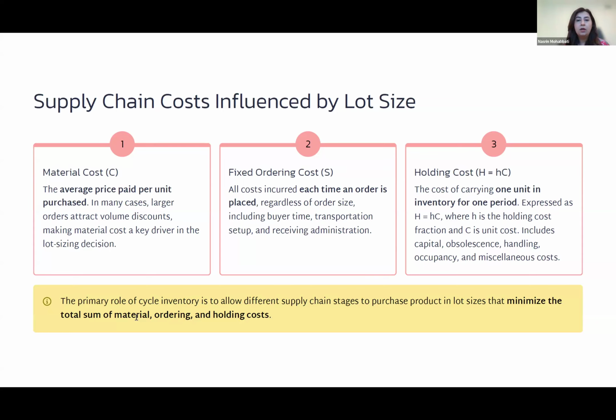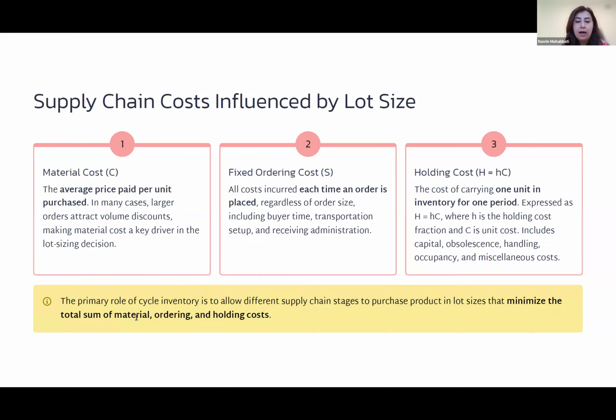So let's talk about these three categories of costs, which are the main costs in any inventory decisions. First of all, material costs: the average price that we are paying per unit purchased. So let's say that you're paying for a pair of sneakers. Obviously, there is a price for it, and you're paying for it.